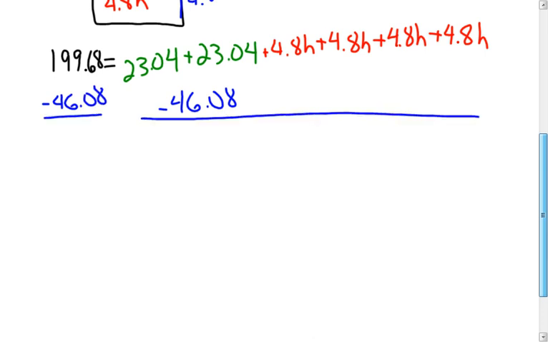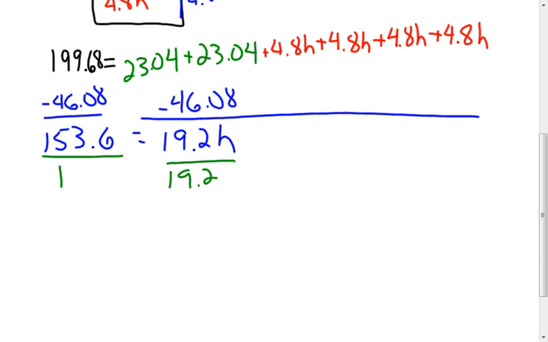When I do that, I end up with 153.6 equals, and now I take that 4.8 and add it up 4 times, I end up with 19.2h. Well, divide both sides of my equation by 19.2. I end up with h equal to 8.